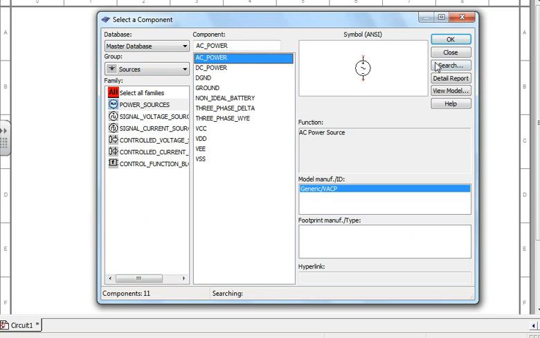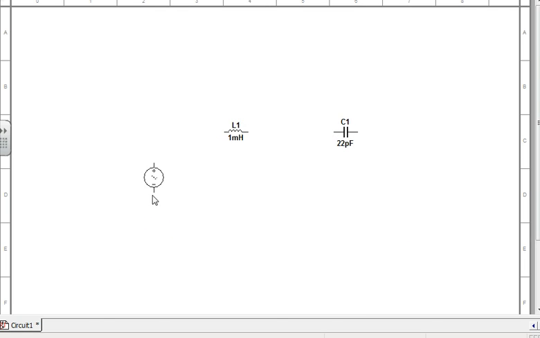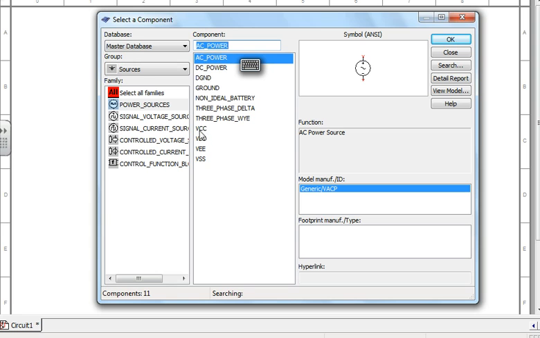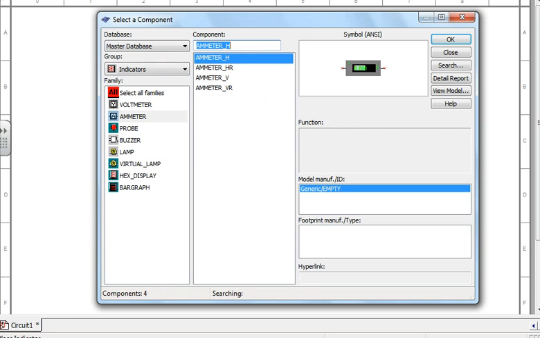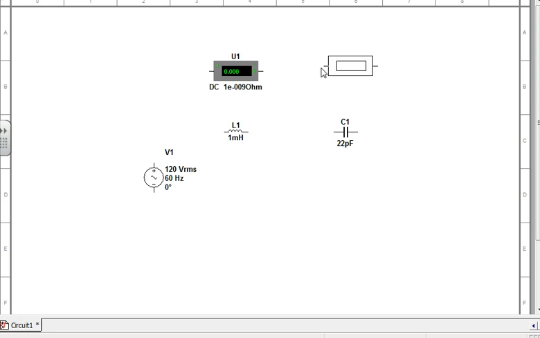Yeah, AC, there we go. I got some AC source. And then we're going to put a voltmeter. There's a voltmeter. So I'm going to put a voltmeter there, and I'm going to put a voltmeter here.